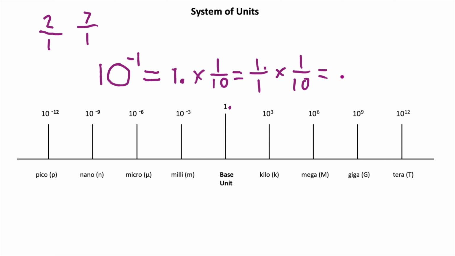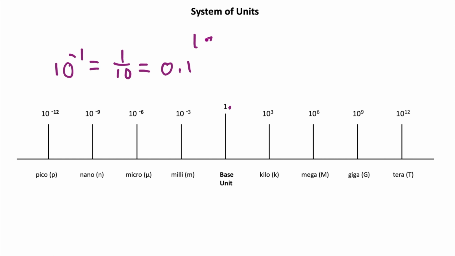And so what we end up with here is 0.1. The way that happens is because 1 times 1 is 1, so you get the 1 in the numerator on the top. Then 10 times 1 is 10, and 1 divided by 10 is what's going to give you 0.1. So that's your answer there.